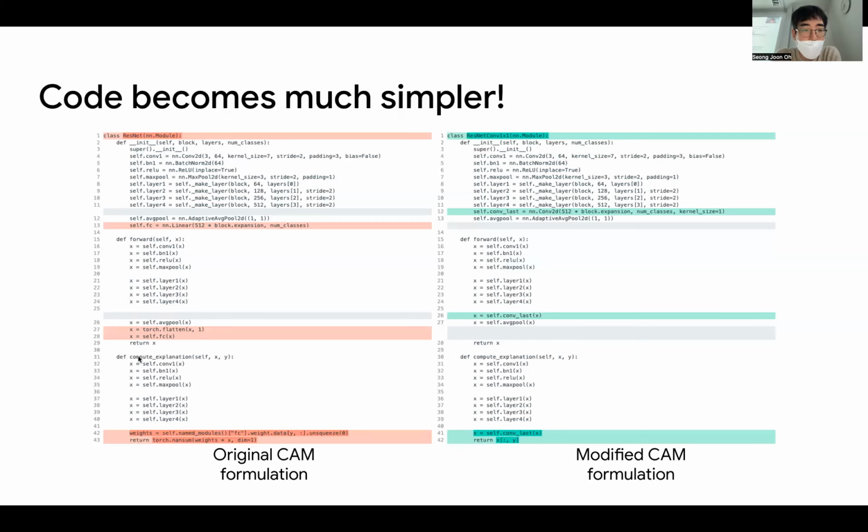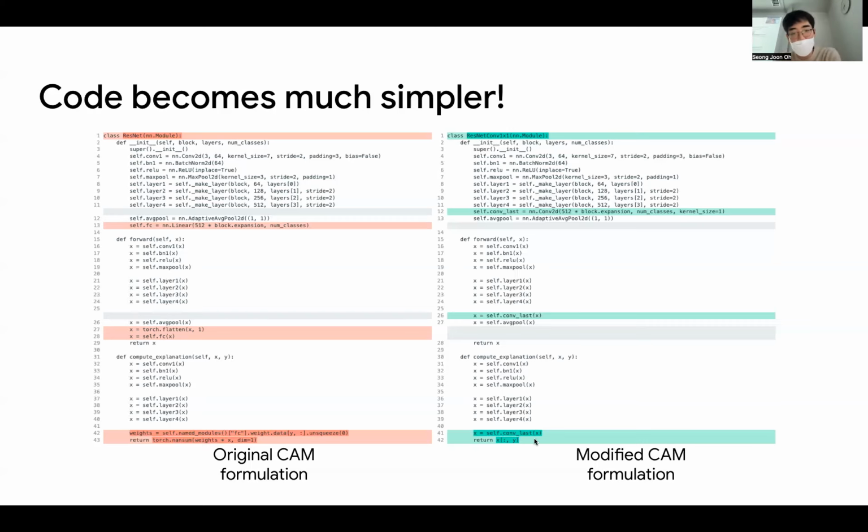And now the last method here is about computing explanations. And the CAM formulation requires you to compute a very complicated way to pull out the weight from your model, and then take the weight corresponding to your output, and then unsqueeze, and then do the matrix multiplication.